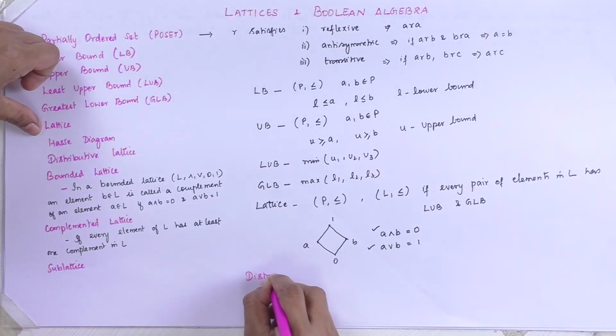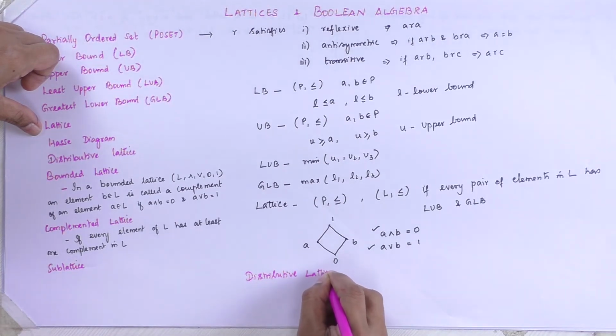Next, we have the distributive lattice. Now we know what a lattice is. Lattice means each and every pair of elements should have a least upper bound and a greatest lower bound. Any lattice which satisfies the distributive property is said to be a distributive lattice.